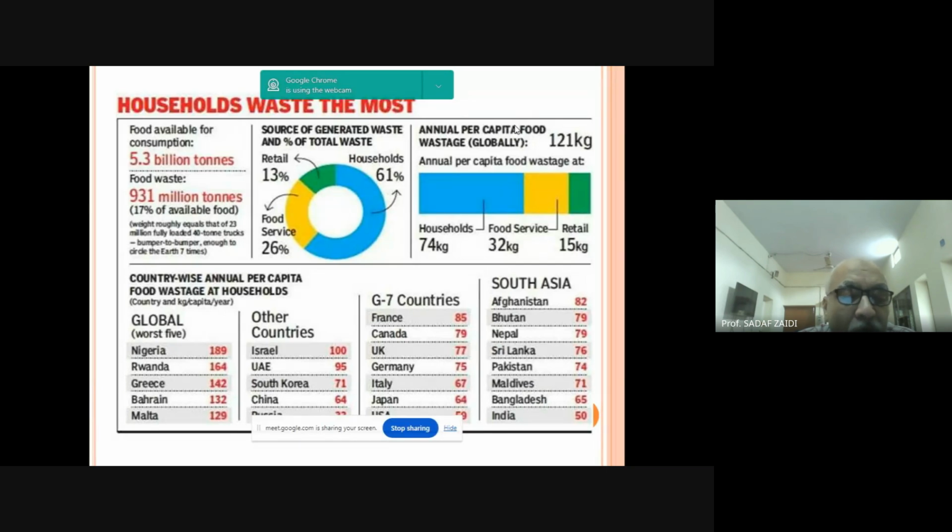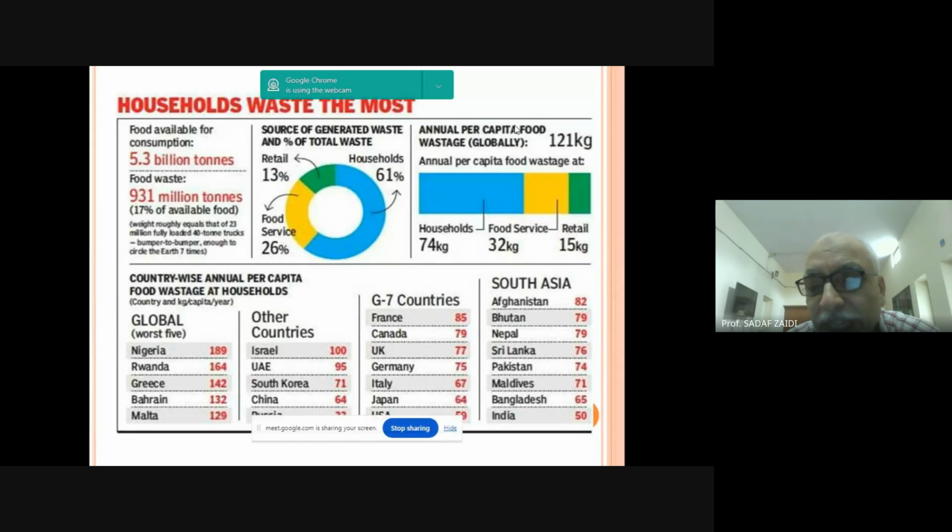Rwanda 164, Greece 147 kgs per annum per capita, Bahrain 132, Malta 129, and then you see Israel 100, UAE 95. So if you see India, the case of South Asia, you will find it is Afghanistan which is generating the most, and then you will find India which is generating the least. But it is per capita, okay, kg per capita per year.